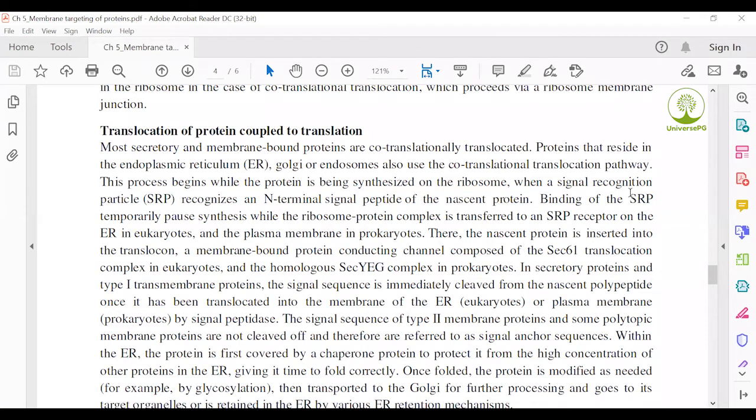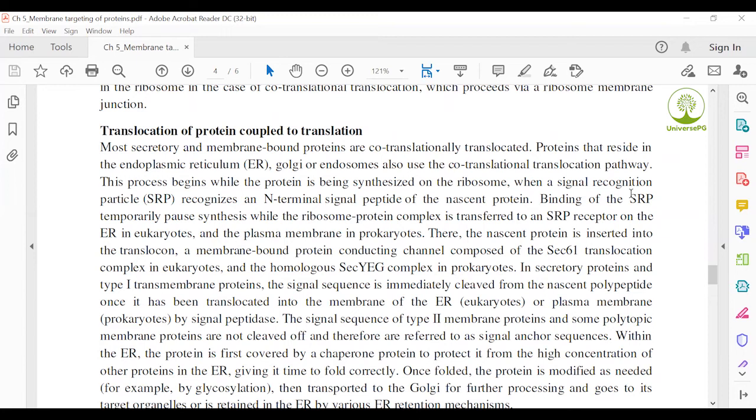This process begins with the protein being synthesized on the ribosome. When a signal recognition particle, shortly SRP, recognizes an N-terminal peptide sequence, which is called the signal sequence of the nascent protein, the binding of the SRP temporarily pauses synthesis while the ribosome-protein complex is transferred to the SRP receptor on the endoplasmic reticulum in eukaryotes and the plasma membrane in prokaryotes.